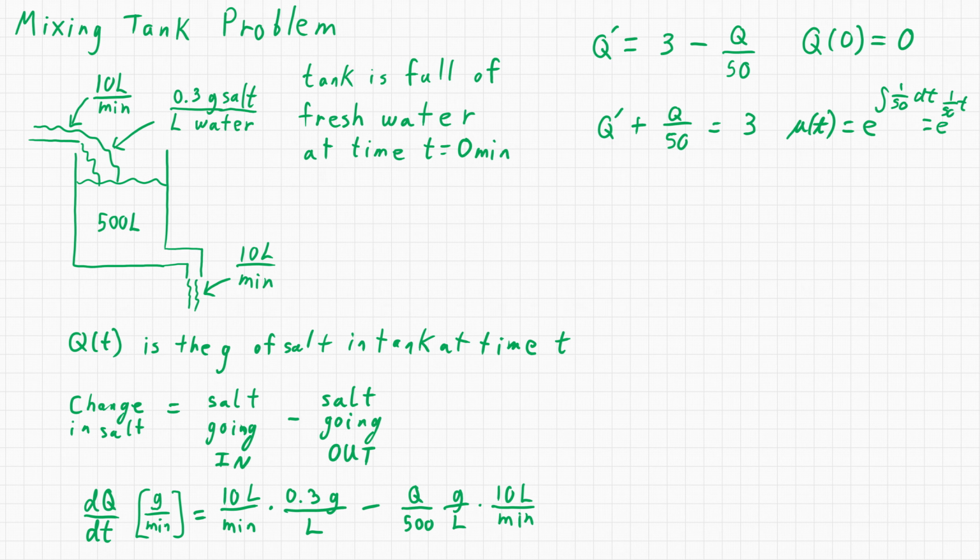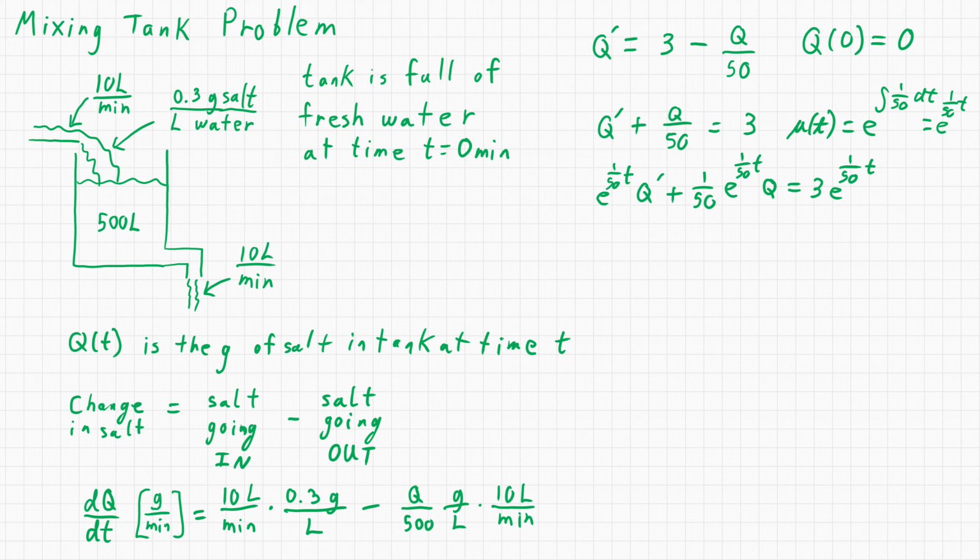All right, so multiply the integrating factor everywhere. So we get e to the 1 over 50 t times q prime plus 1 over 50 times e to the 1 over 50 t times q equals 3 times e to the 1 over 50 t.